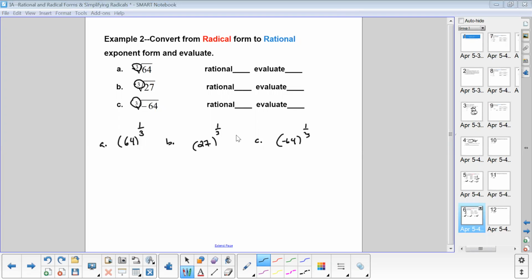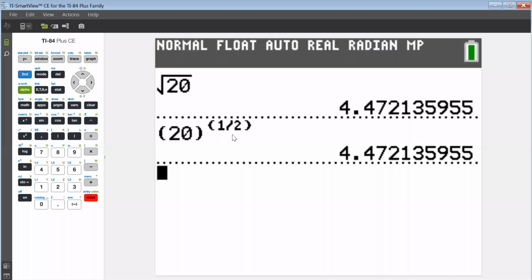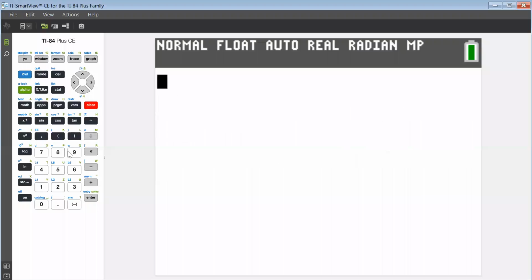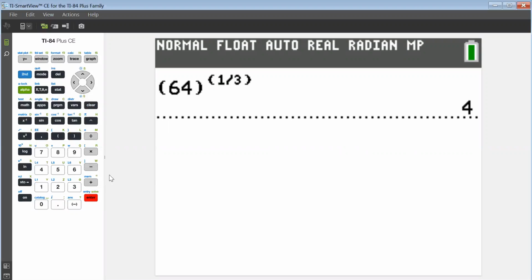So if I want to calculate that, I would say open parentheses, 64, close it, raise it to the 1 divided by 3, or the 1/3 power, and we get 4. And if I take 27 and raise it to the 1 divided by 3 power, I should get 3.